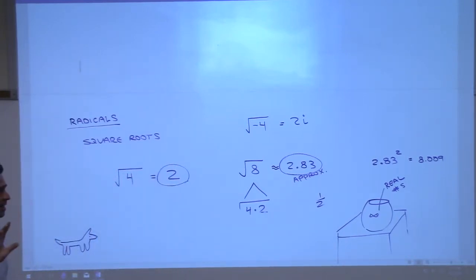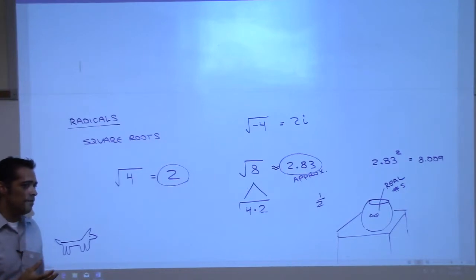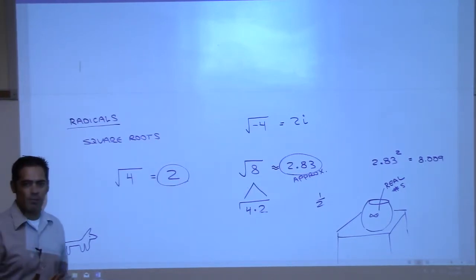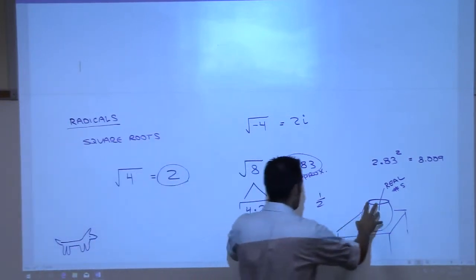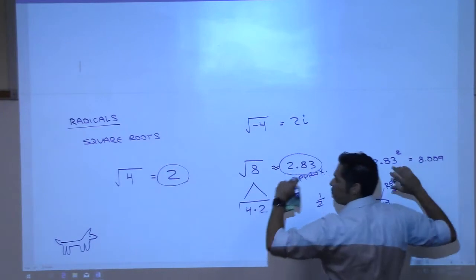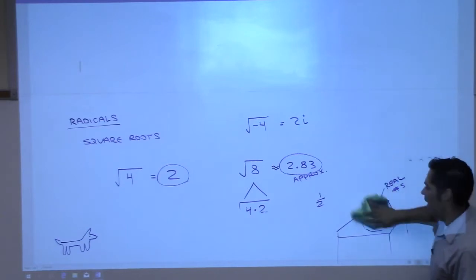I don't want you to go on with your life and ever think that imaginary numbers are just some made-up math that doesn't make sense. It is very useful. It's used all the time, and we can solve very complicated problems using the larger universe, the fishbowl with the dog. If we bring it all together, we can do some really good stuff, like put men on the moon and satellites in space and all that sort of cool stuff.